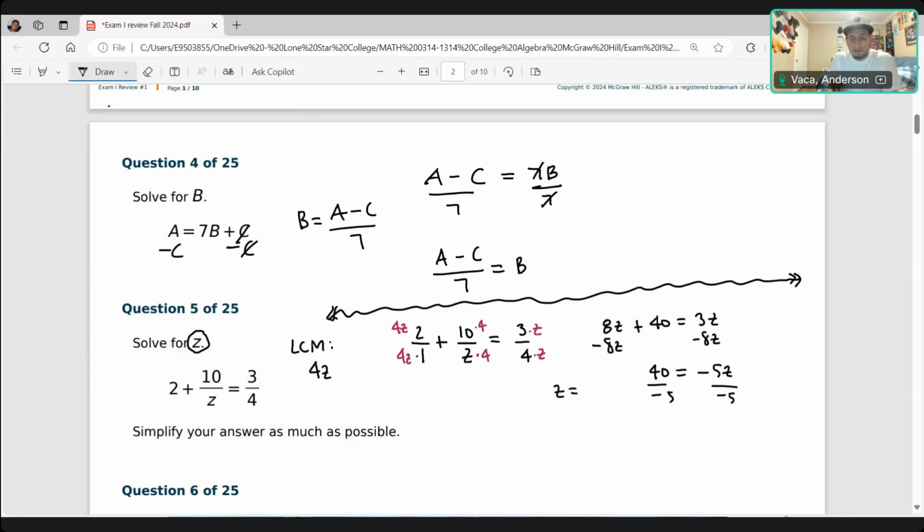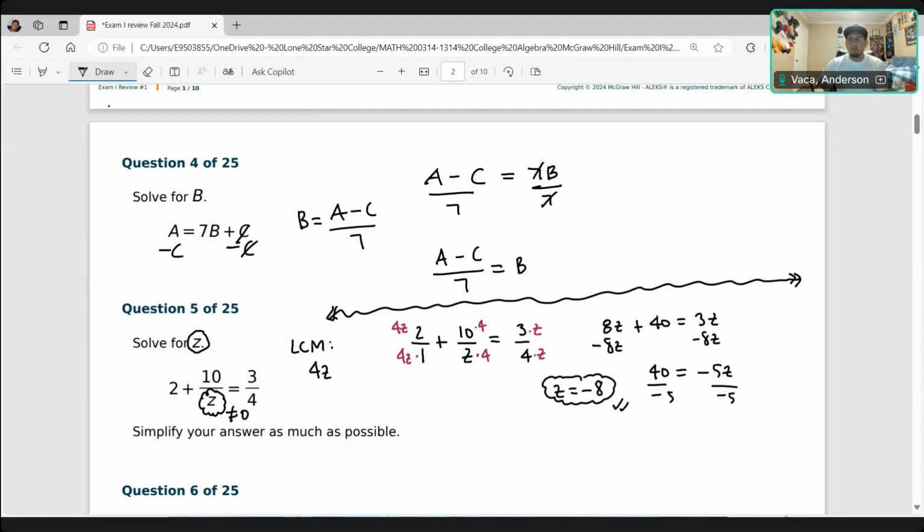A positive divided by a negative is negative. 40 divided by 5 is 8. So this is a conditional, because we found an answer. And by the way, this answer is valid because the only number that Z cannot be is 0. So we're okay.